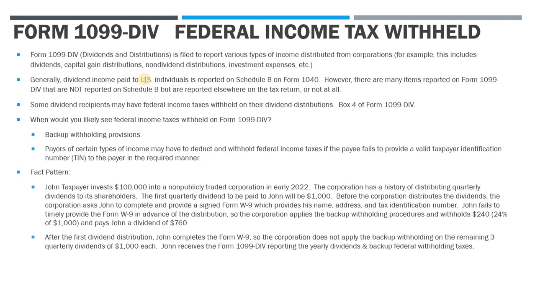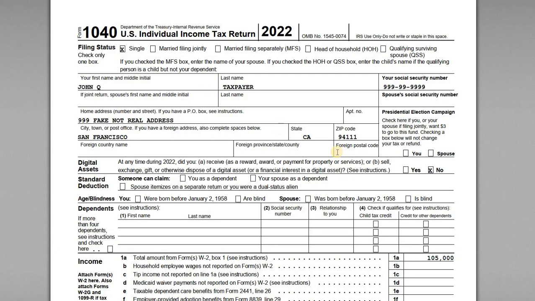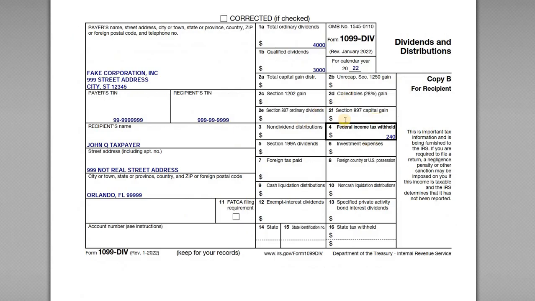And it can take many different forms, right? So when we look at 1099-DIVs, normally we think of just ordinary and qualified dividends, but it includes things like capital gain distributions, non-dividend distributions, investment expenses, foreign taxes withheld, Section 199A dividends, a lot of different pieces, as we can see if we look at a 1099-DIV form.